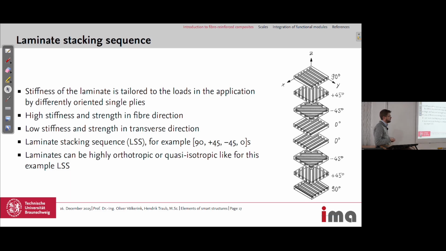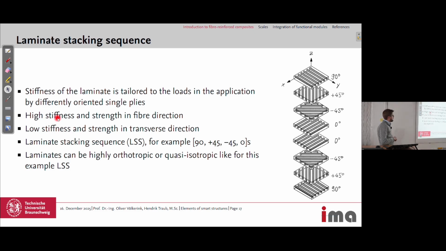The benefit, or the advantage, of fiber reinforced polymers is that you can tailor the stiffness of the laminate to the load application in the use case. So if a structure is not loaded equally in all directions but has a major load path, then you could orient more fibers in this direction and so adjust the stiffness in this direction, so that you have more load carrying capability where you need it.